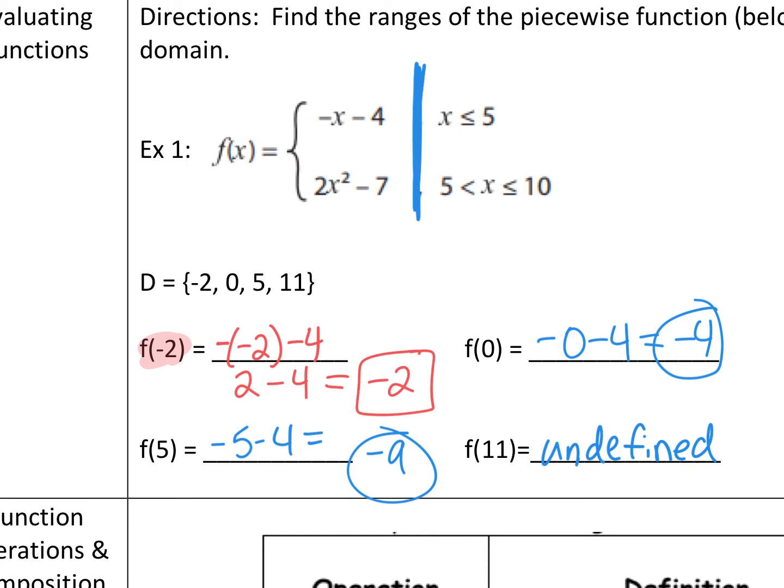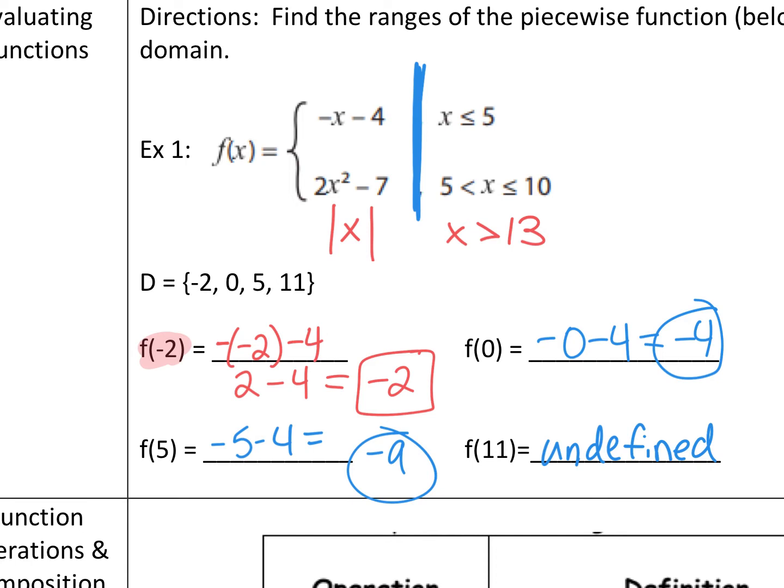The next thing I'm going to write down, you don't have to write down, but I just want to put a little hypothetical question in here, because it might be on your homework and a couple people got confused. Let's say I added one more piece to this where x was greater than 13, and I made it the absolute value of x. Now let's say I asked you to find f of 20.